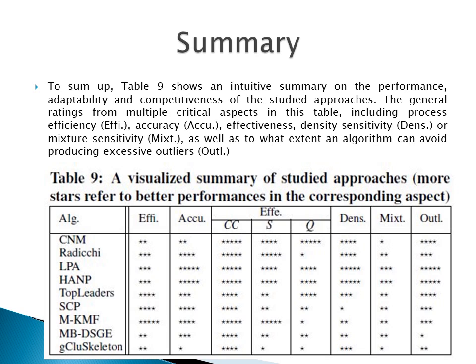The general ratings from multiple critical aspects in this table, including process efficiency, accuracy, effectiveness, density, sensitivity, mixture sensitivity, as well as to what extent an algorithm can avoid producing excessive outliers. So in the below table, they use a system of ratings to compare each algorithm and how it fared using their proposed benchmark.